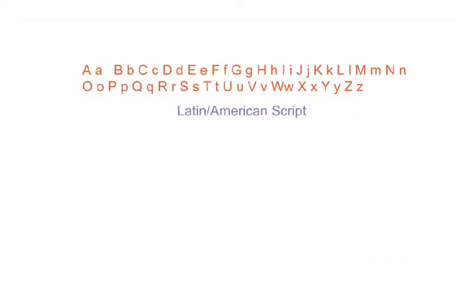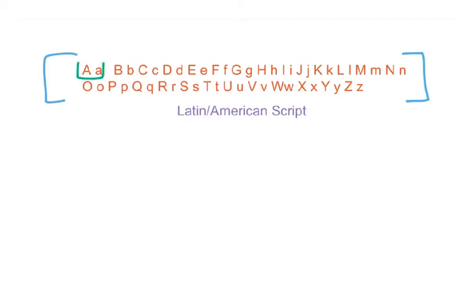To start off, I have listed here the Latin script, or the alphabet that we have today in modern English, which has been derived from the Latin script. Within this alphabet notation, which is the basis of English, we have 26 letters. Each of these duos is essentially one letter.